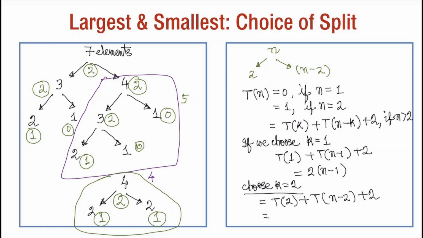Since it is breaking up into 2, it will be T2 plus T2 plus Tn minus 4 plus 2 plus 2. And if you try to solve this on your own, you will see that the answer is very interesting. The answer will be 3n by 2 minus 2. And this 3n by 2 minus 2 is definitely smaller than 2n minus 1.